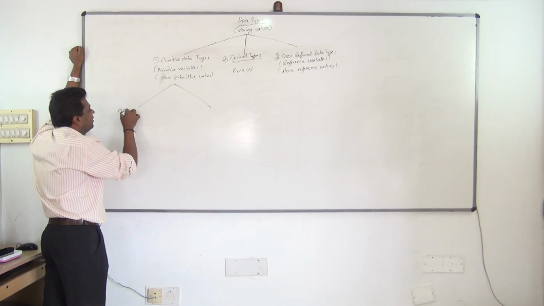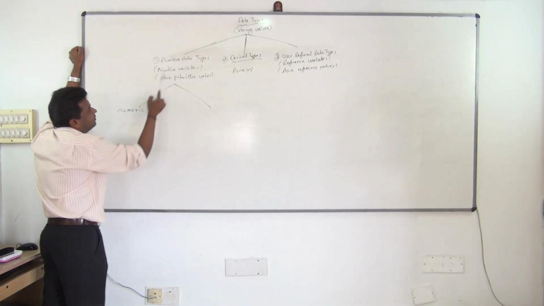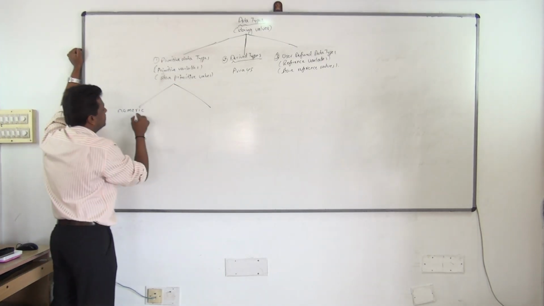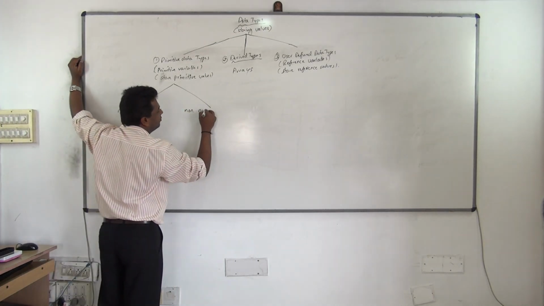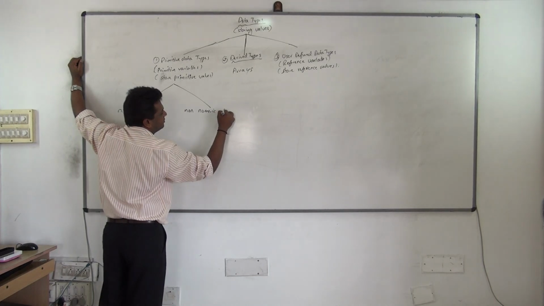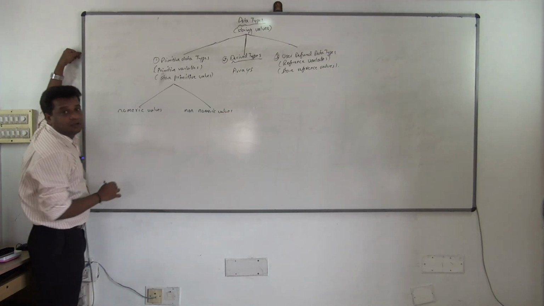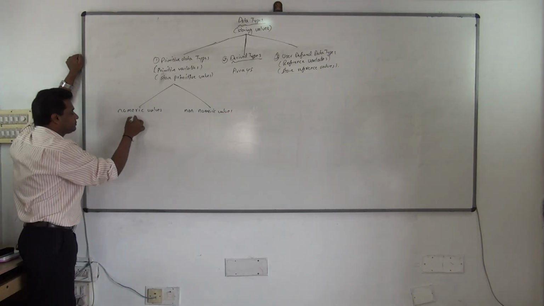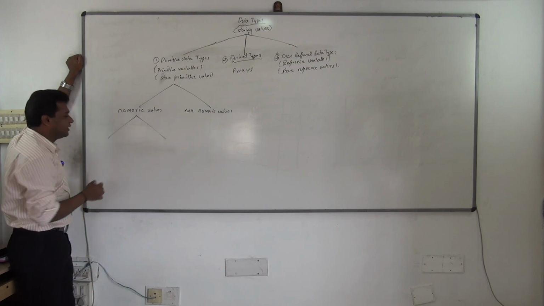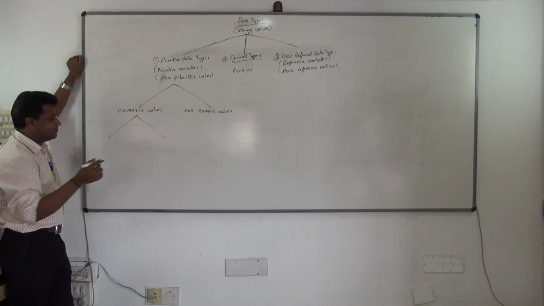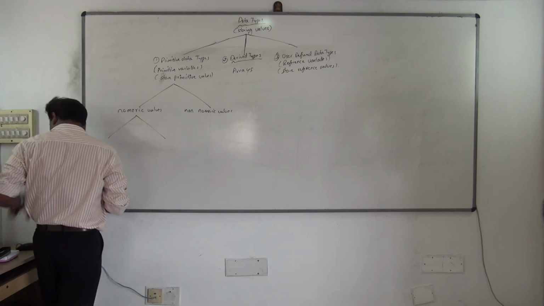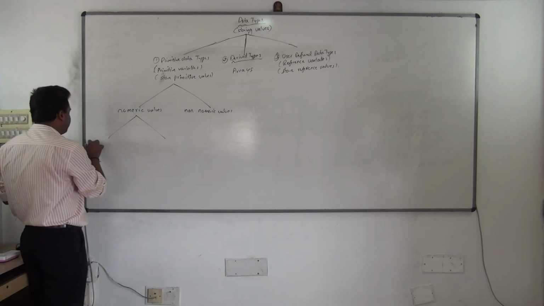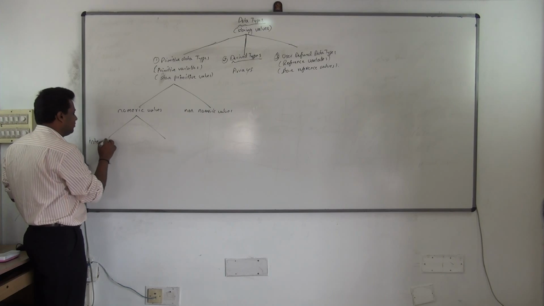So the two types of primitive values are numeric values and non-numeric values. First you understand these two. Numeric values can again be classified into two types: integer values and floating values.